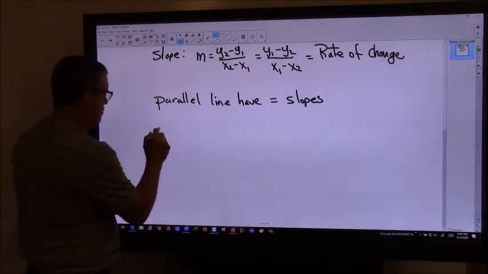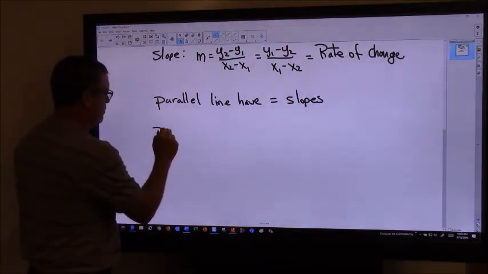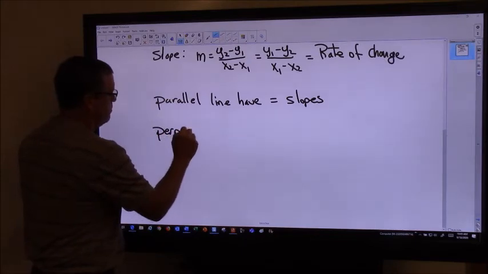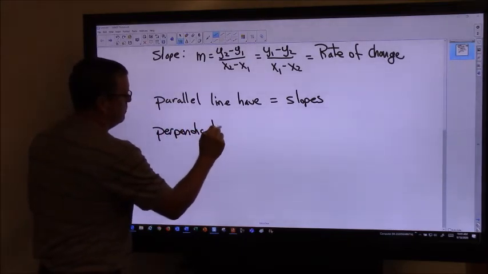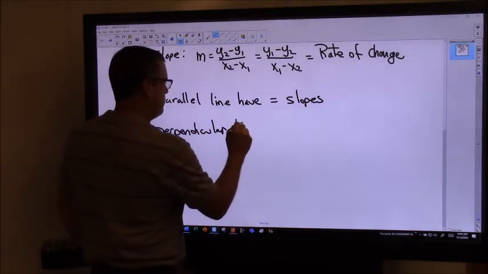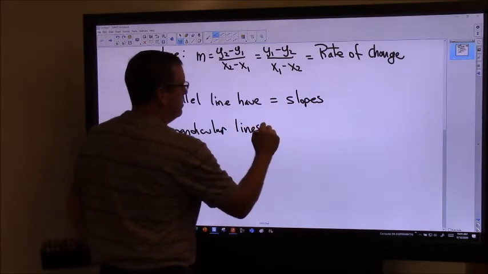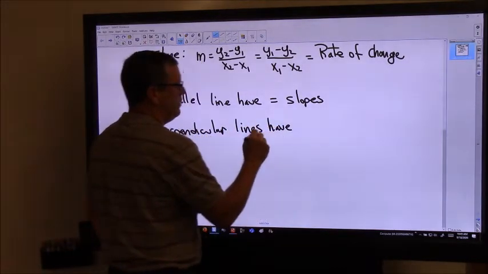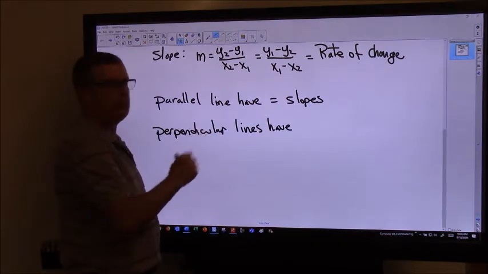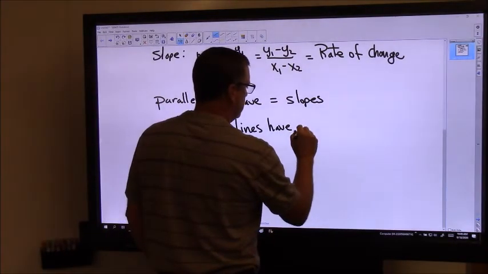Perpendicular lines have negative reciprocals for slopes.